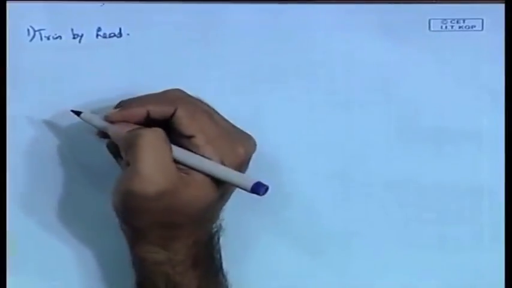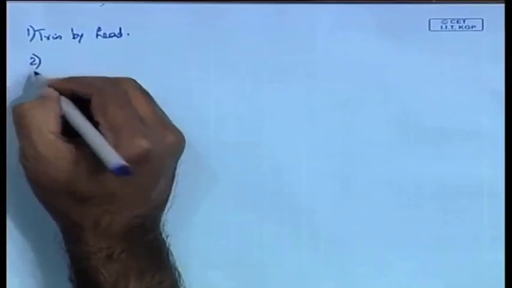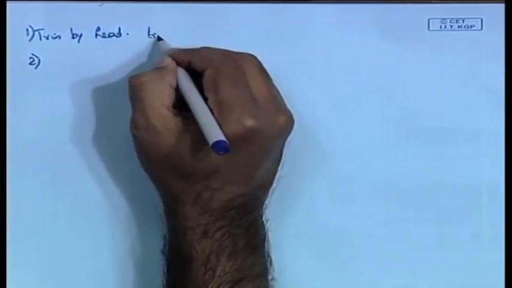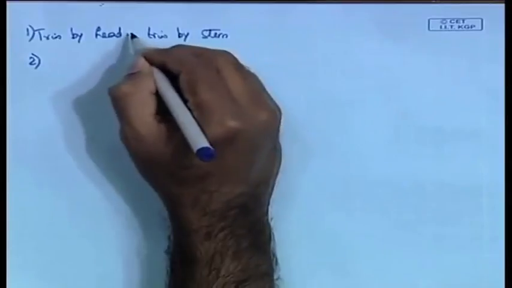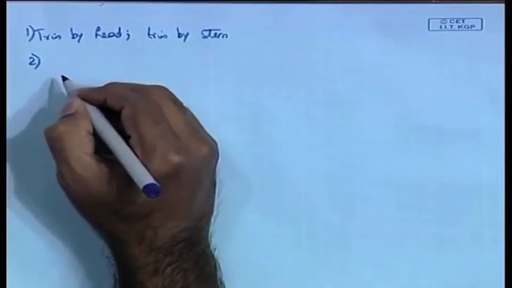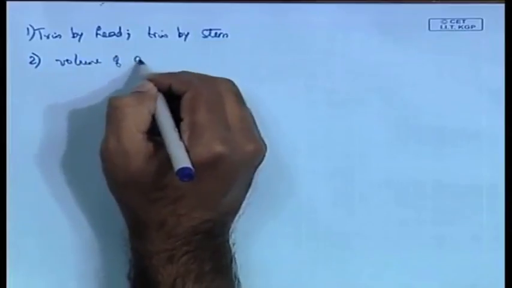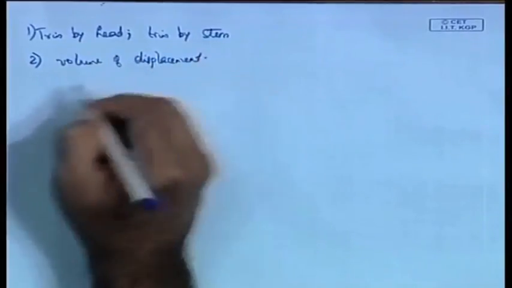This is the first important thing that we learned in the previous few lectures, trim by head. Then we have trim by stern. Then volume of displacement, this we know what it is, we have described it many times.